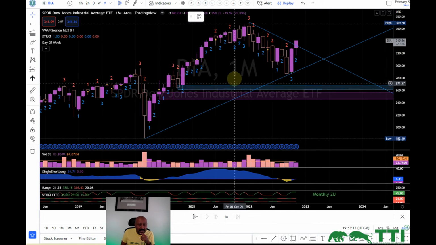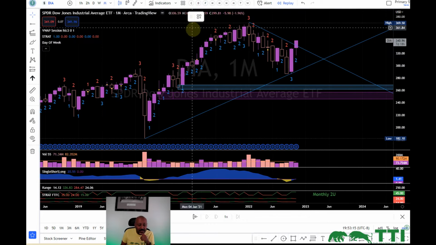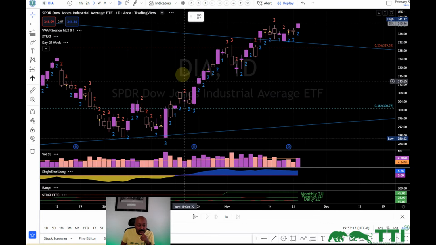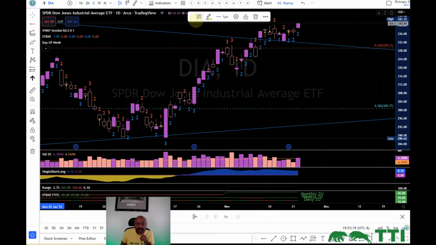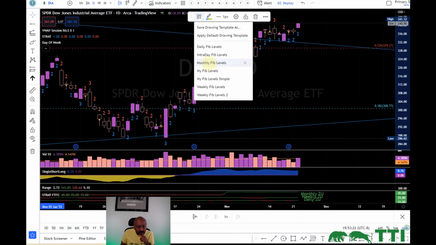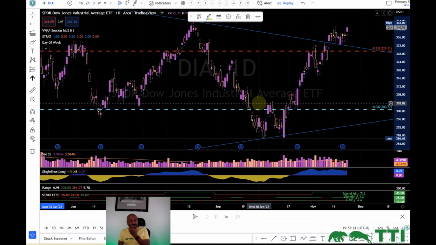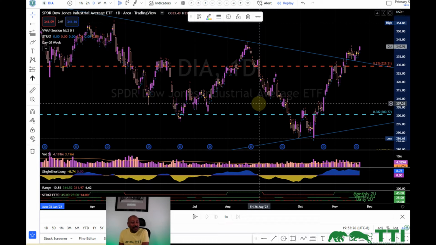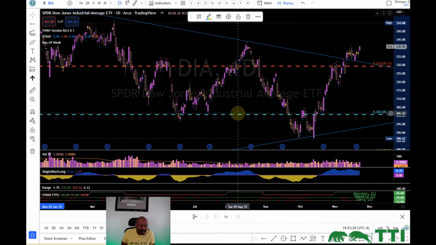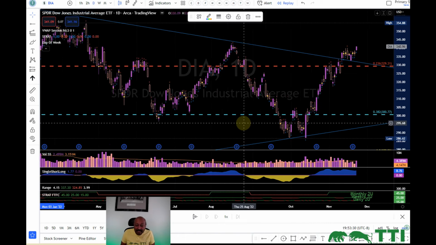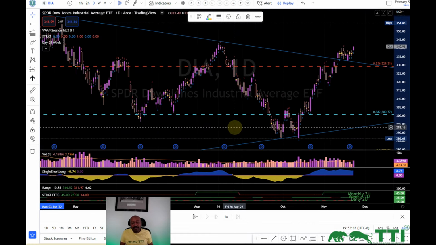So I can just quickly flip and see. It's a nice shortcut. Not all platforms have this, so I like this one because it gives me that option. Anything else?